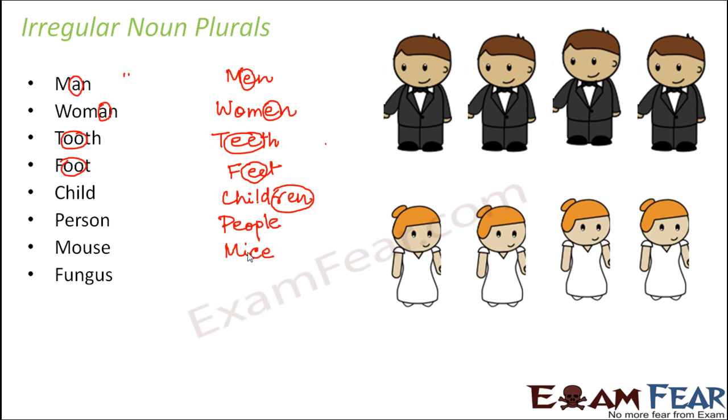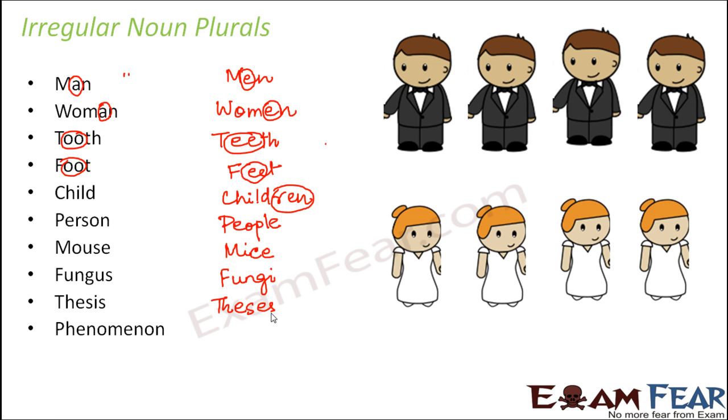Let's look at a few more examples. Fungus is the singular form, but when you have many of them, then the plural is fungi. Similarly, if you have thesis, that is one thesis, but when you have many, then it becomes theses. So that's how they are different.